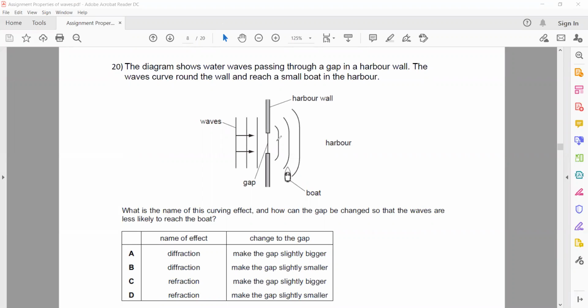So if we want to reduce the effect of diffraction, we should increase the gap size. As the gap size is increased, it reduces the diffraction. The wave will not diffract much when it's a larger gap.